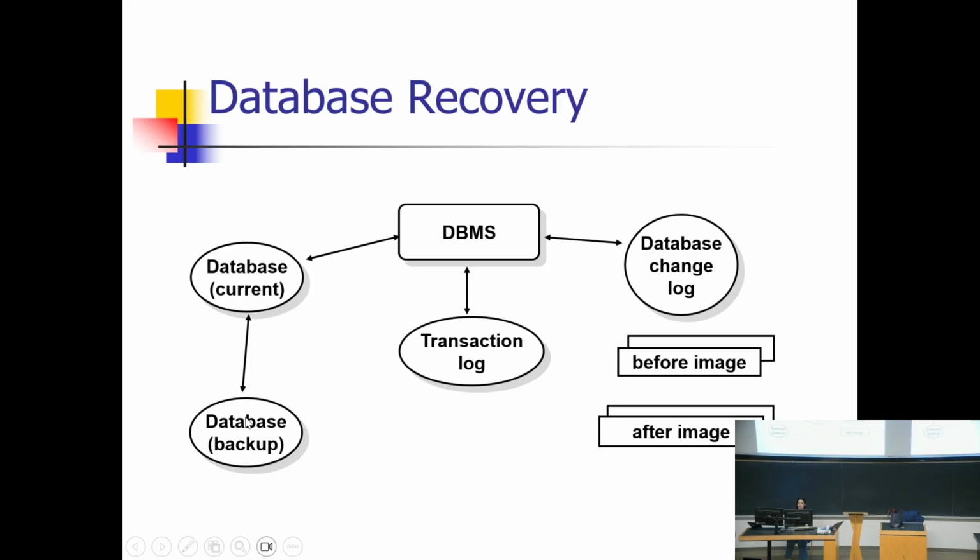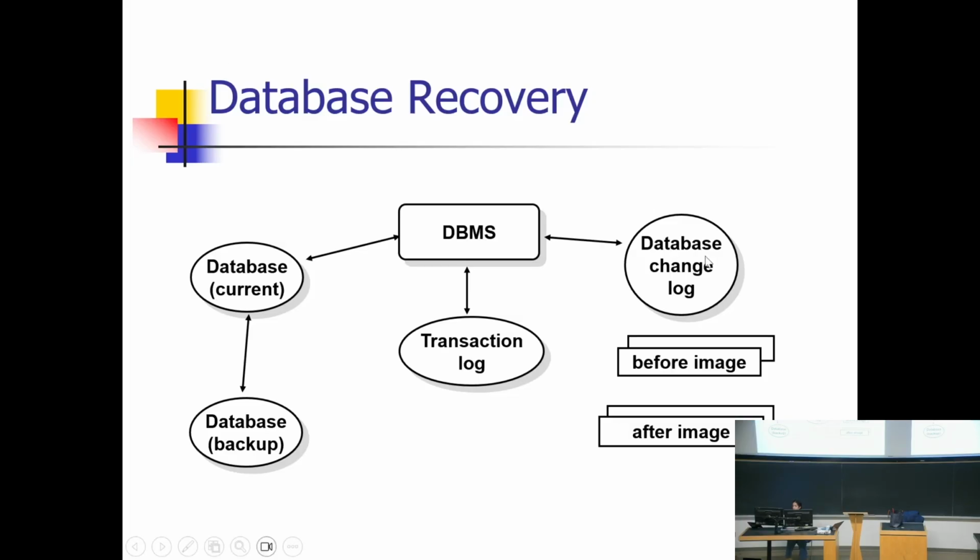So when something goes wrong, when the system crashes and similar things, we can use the transaction log and the before and after images to roll back the incomplete transactions, or redo the ones that are completed, so that we can restore the database.